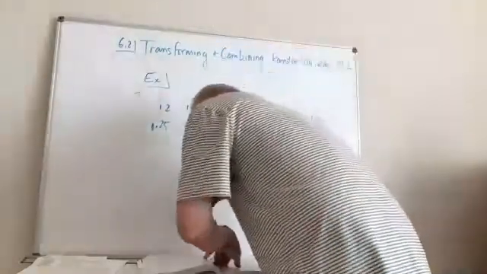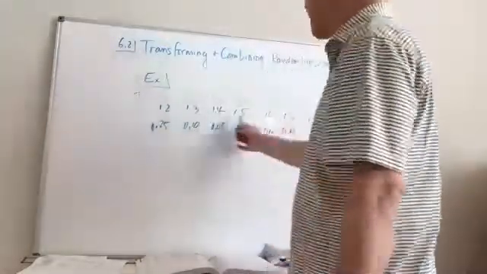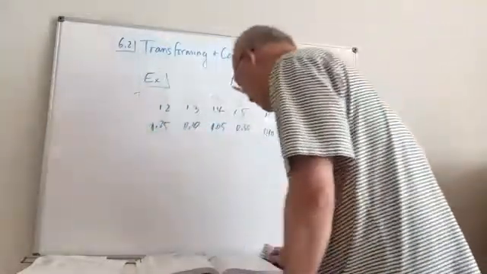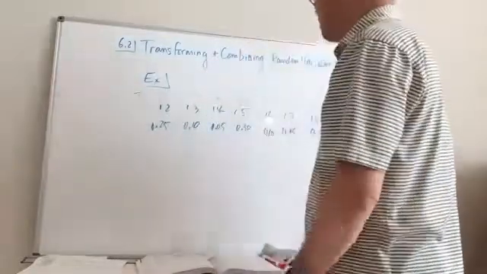Okay. So A, what shape does the probability distribution have? It stays the same. Nothing changes there, right?